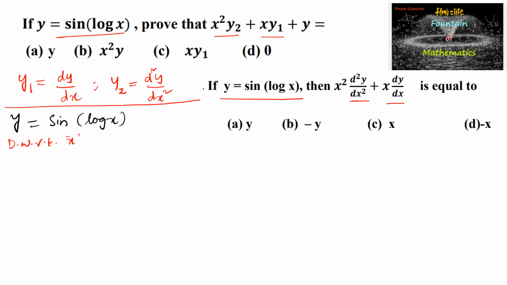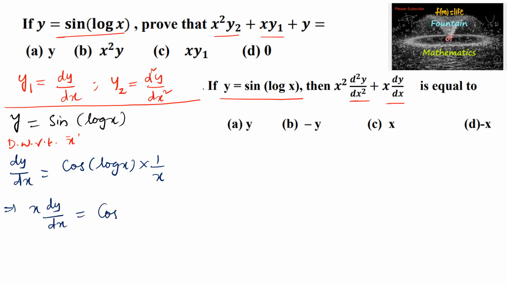So we get dy by dx is equal to differentiation of sine is cos of log x into again differentiation of log x is 1 upon x, applying the chain rule, or we can write x into dy by dx is equal to cos of log x by doing cross multiplication. So this can also be written xy1 is equal to cos of log x.